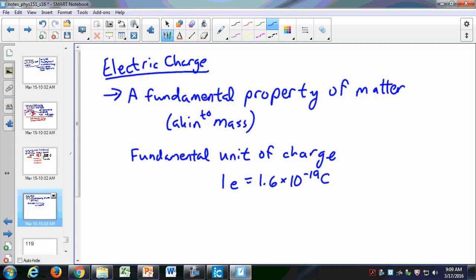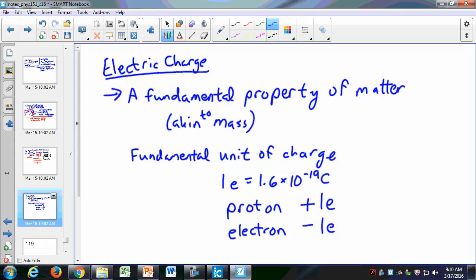Because this is the charge of a what? This value, if you've seen it before, what is this the charge of? It's the charge of a proton, or it's the charge of an electron. So this is the value of the charge for a proton and an electron. A proton has a charge of plus 1e, and an electron, which is negatively charged, has a charge of minus 1e, or minus 1.6 times 10 to the minus 19.